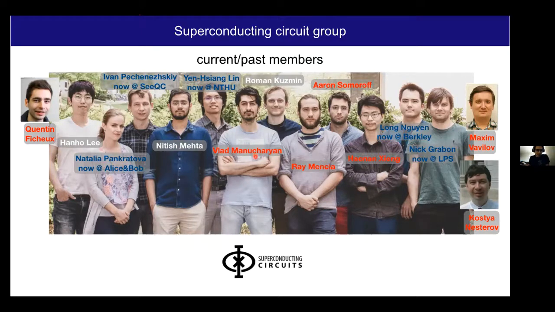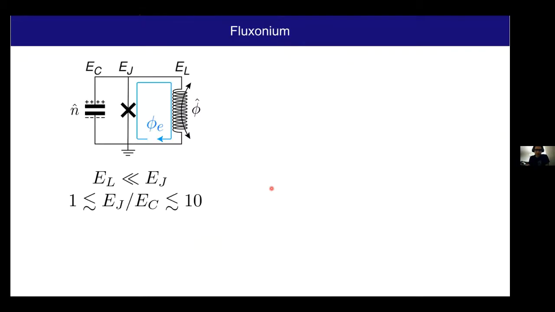The first thing I would like to do is to remind you what a fluxonium qubit is. A fluxonium is an object which can be described by the following electrical circuit. This circuit is made of a junction in parallel with a capacitor and an inductor. We say that this circuit is in the fluxonium regime when we have these two conditions. First, the value of the inductance is much greater than the inductance of the junction.